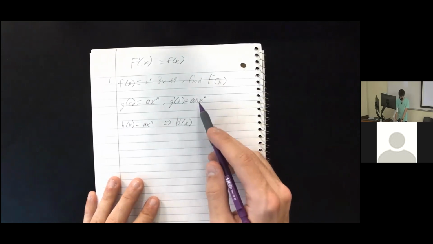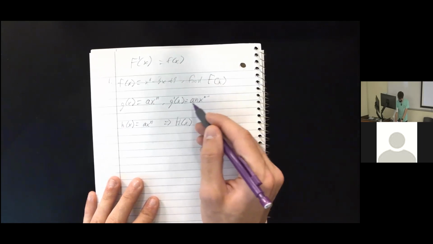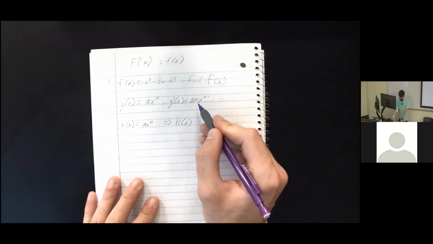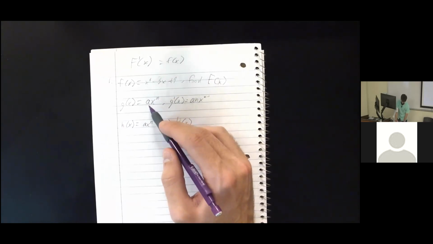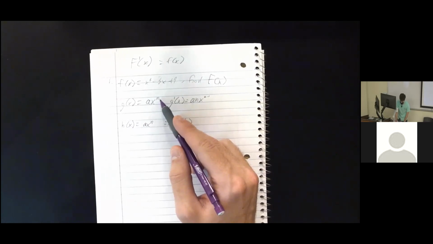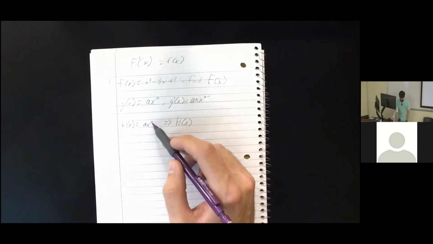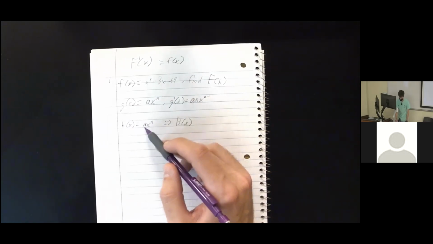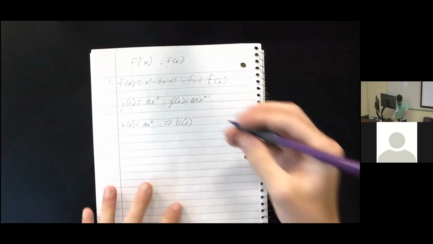Here we took whatever's in front, this constant, and then we took the exponent and brought it down, and then subtracted 1 from that. So here we need to add 1 to the exponent, and then divide by that added 1, so that it can retain its equality in a sense.